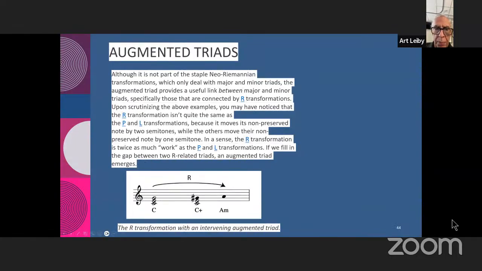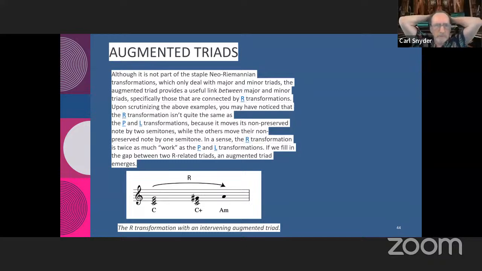Okay, so let's move on to augmented triads. So this is where we start to diverge from normal neo-Riemannian transformations, because they only deal with major and minor triads. The augmented triad does provide a useful link between major and minor triads, specifically those that are connected by the R transformation.